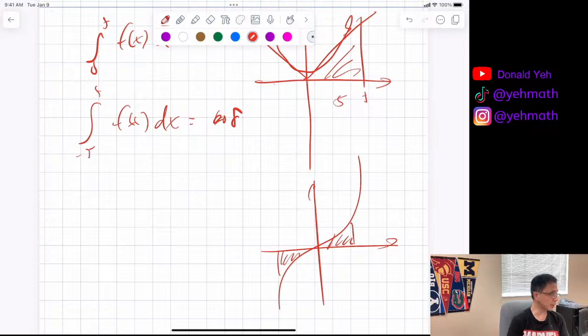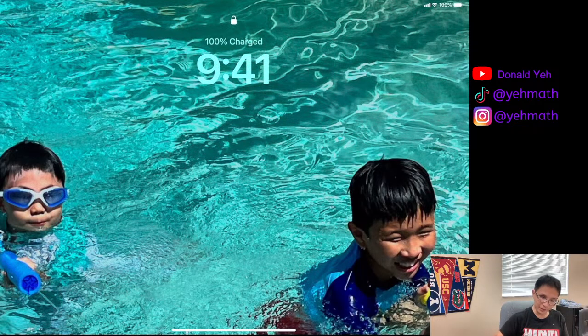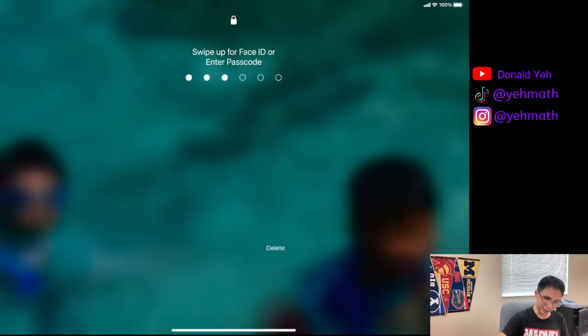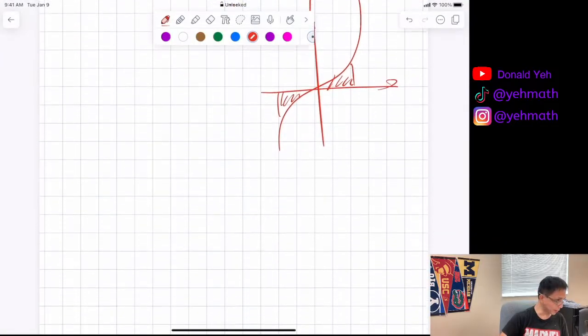Okay, next question. Do you have any questions? You feel like it's a lot? It's not a lot. This is the easiest part of calculus. All you have to do is count areas. 47 what? 47 F and E. This is not even calculus, this is counting areas of rectangles.